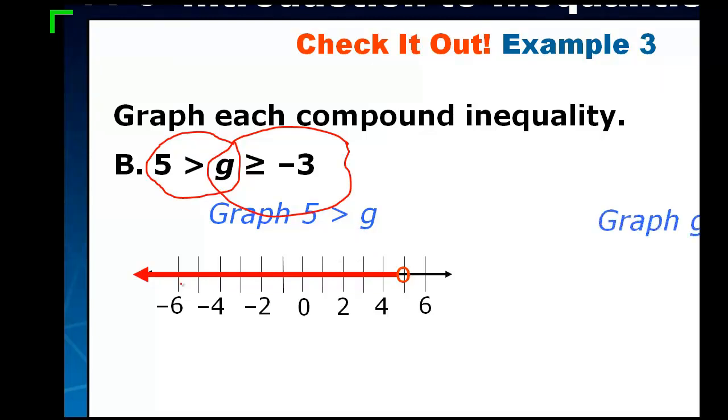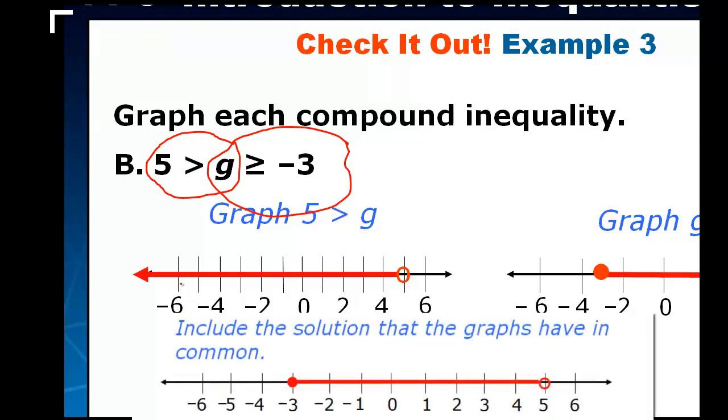Take the second part, g bigger than or equal to -3. I will go for -3 and draw a closed circle because here we have equals. So a closed circle on -3. Then I will move to the right because it's bigger than.